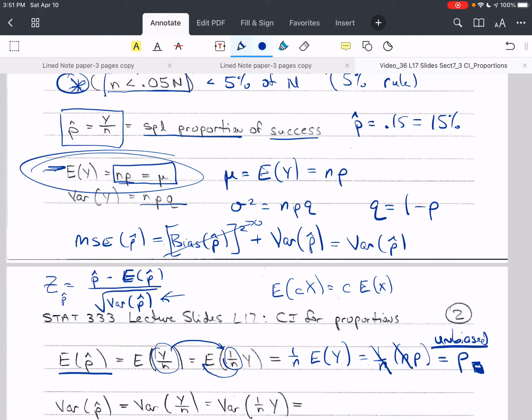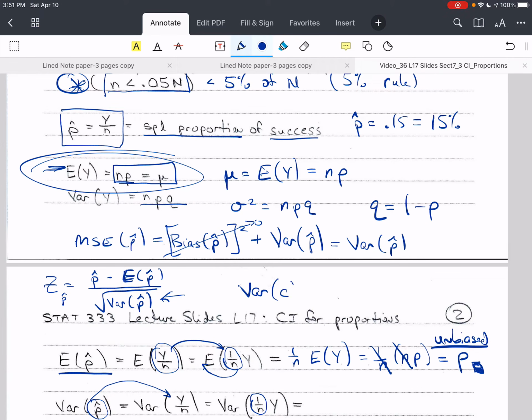So we take p hat and plug in the formula, so Y over n. And again, I can write that as 1 over n times Y. Same thing. And n is a constant. Now, remember that we have this property for variance that's different than expectation.